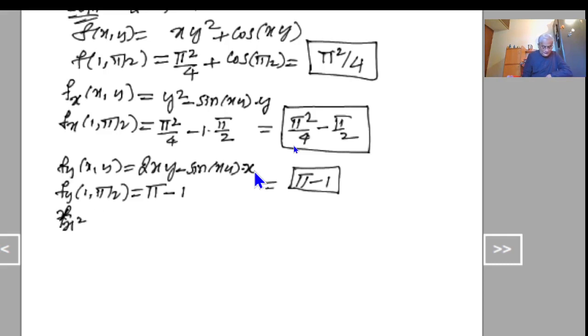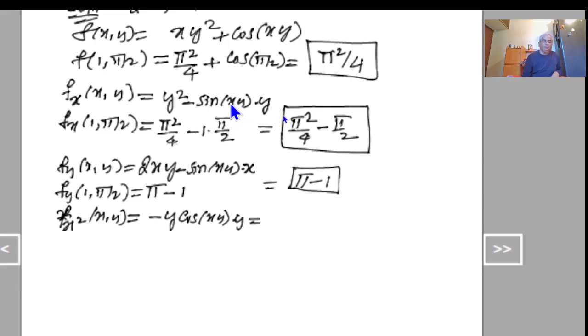And then we go for the second order derivatives. fx square of x comma y: I have to differentiate fx with respect to x. See here y square is a constant quantity, its derivative is 0, minus y times sine derivative, which is cos. Cos of xy into xy derivative with respect to x is y.